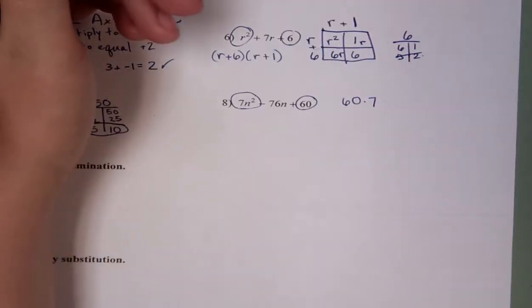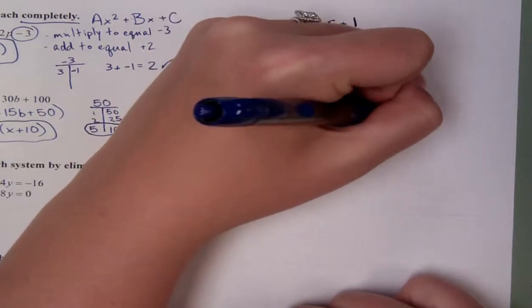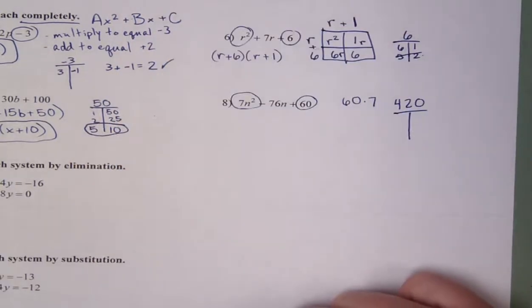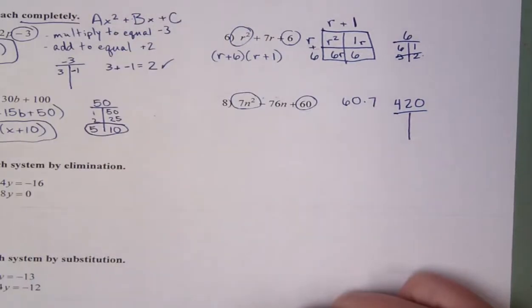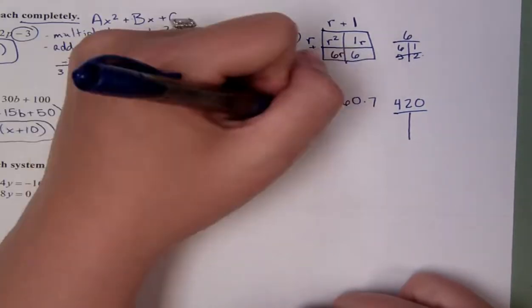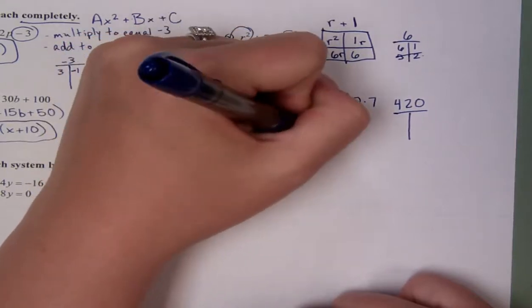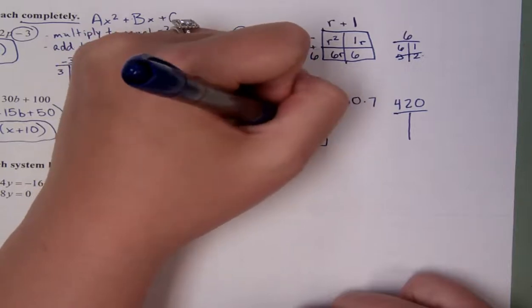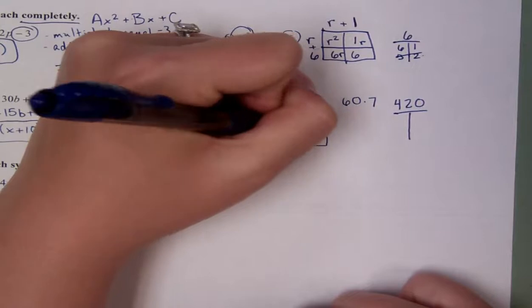All right, so we're going to do 60 times 7. We're going to get 420. So 420 is the number that we need to find factors for that add up to negative 76. All right. And I'm also going to set up my box for this. I highly recommend using a box method. So I'm going to put 7n squared there.